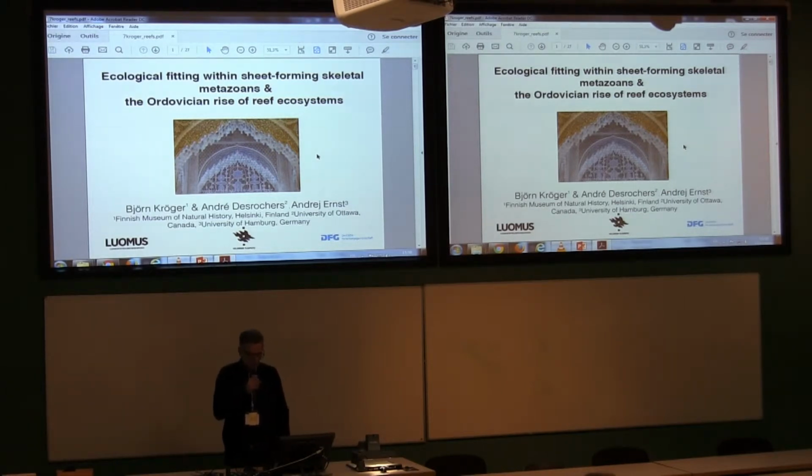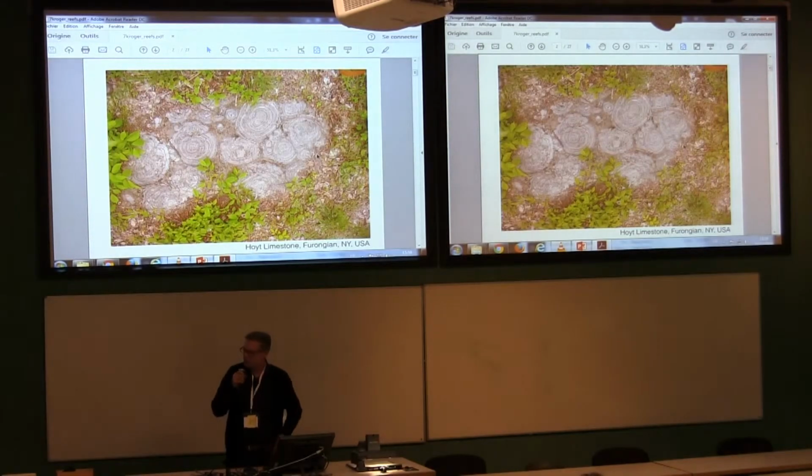It's not so easy to visualize the Ordovician radiation of reefs. So I chose two pictures. This is the first. This is a look on the top of stromatolites from the Hoyt Formation, which is latest Cambrian, a quite famous place in upstate New York, a natural history place for tourists.